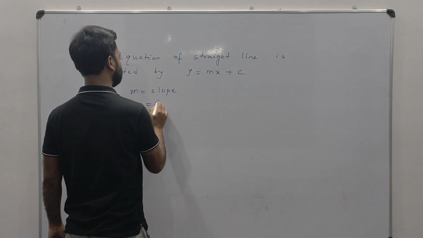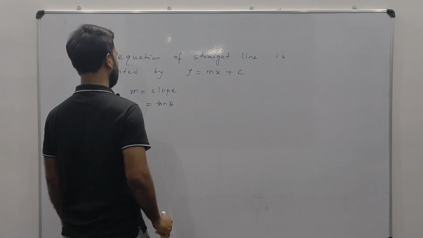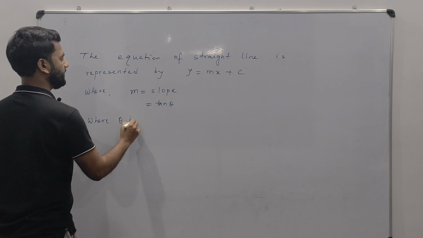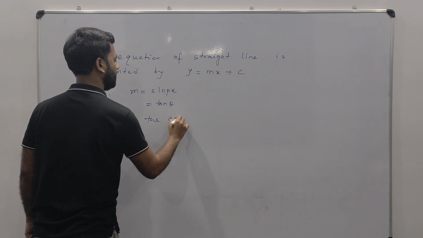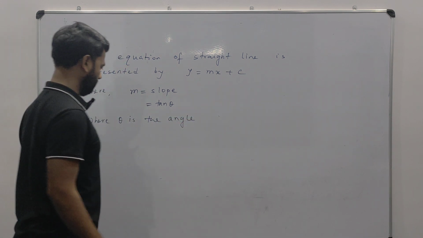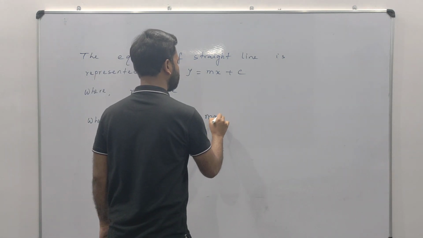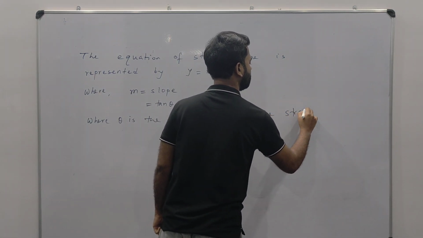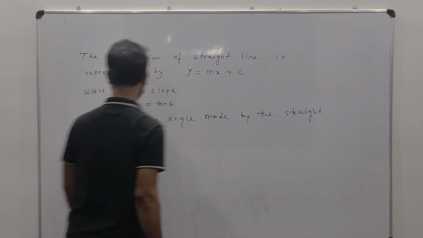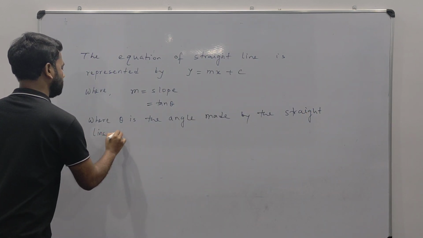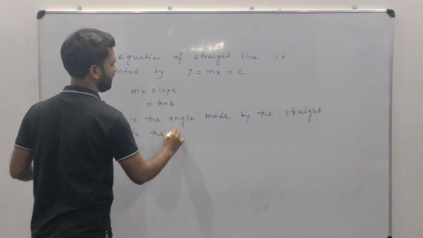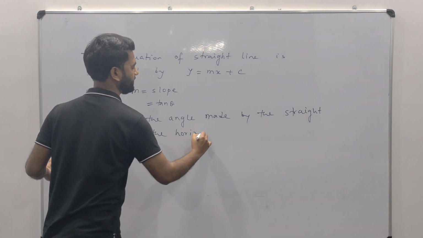It can be written as tan theta also, where theta is the angle made by the straight line with the horizontal axis.